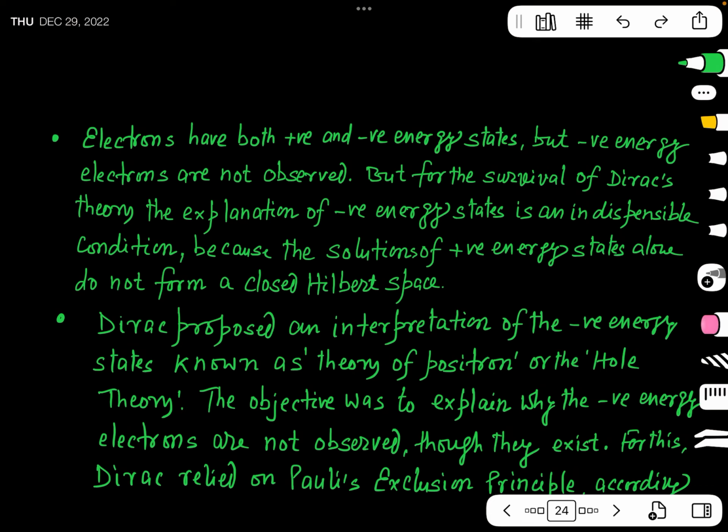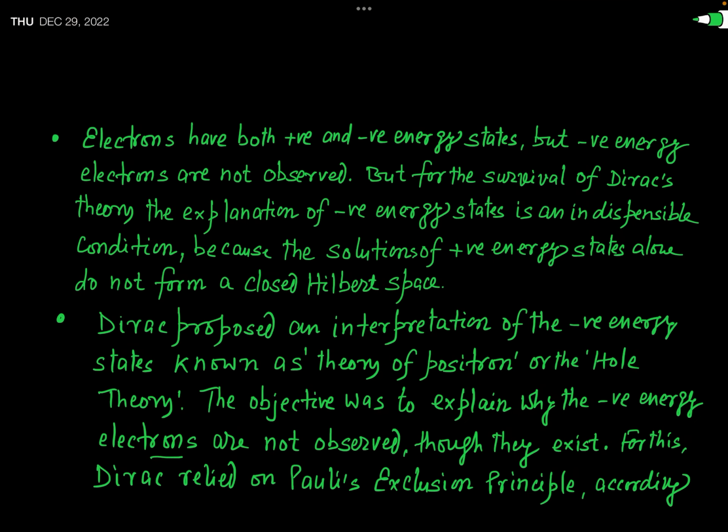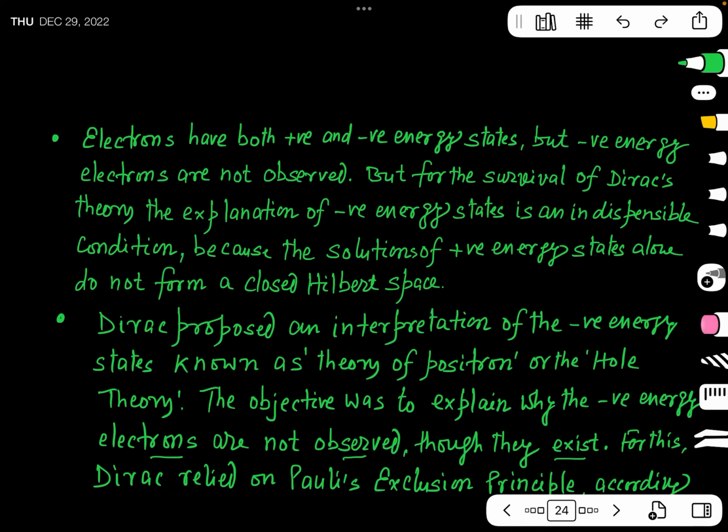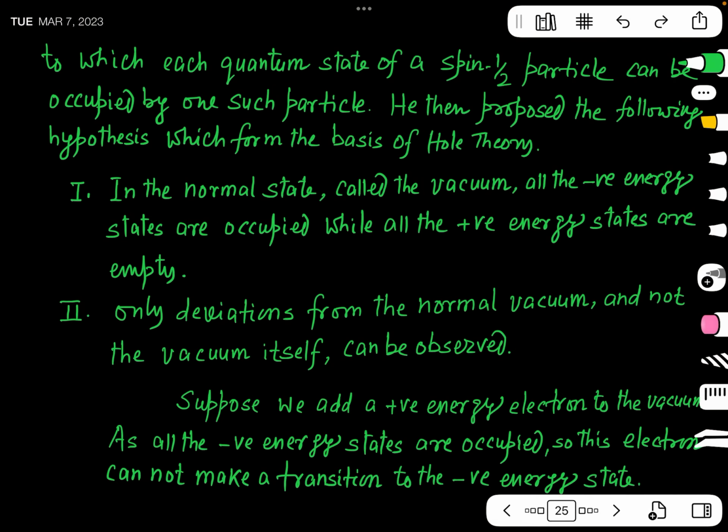I have mentioned here that the objective was to explain why negative energy states of electrons are not observed, though they exist. For this, Dirac relied on Pauli's exclusion principle, according to which, in any quantum state, only one spin half particle can be.